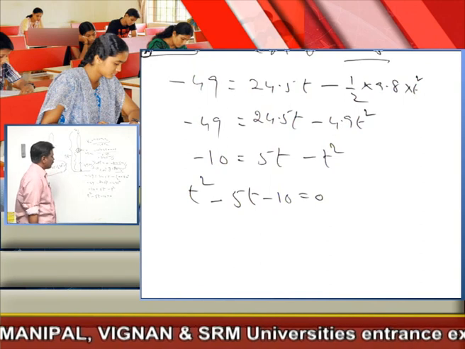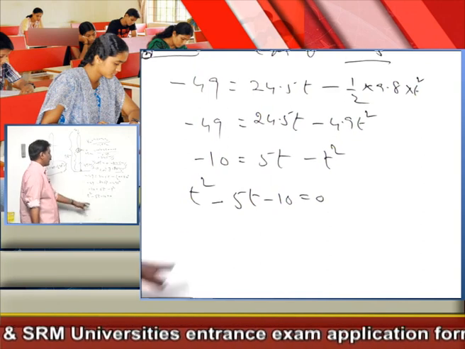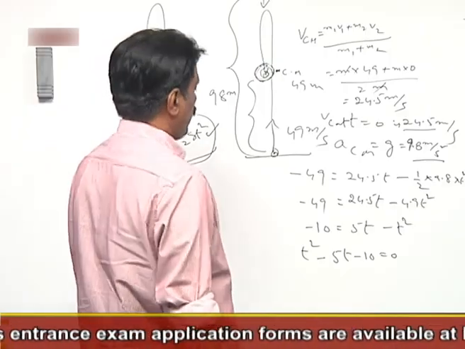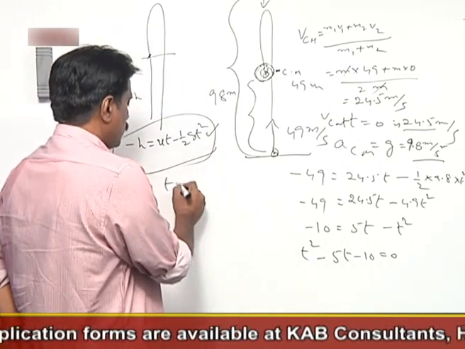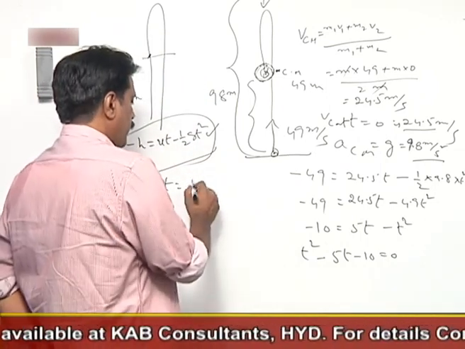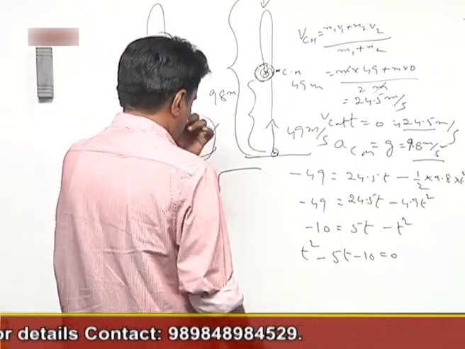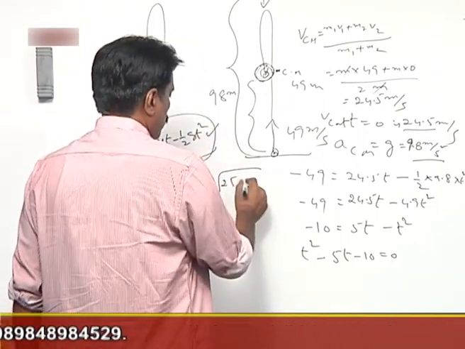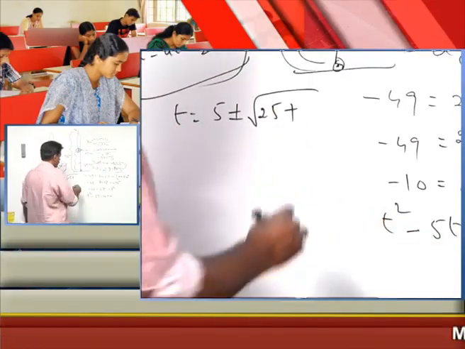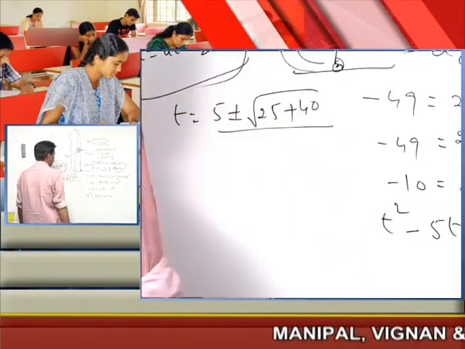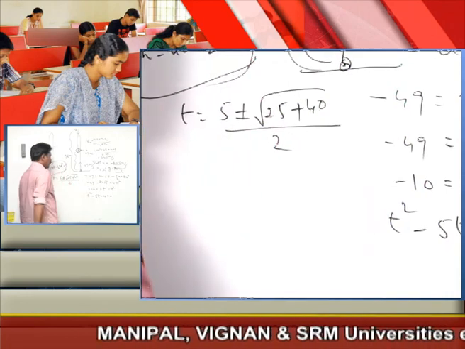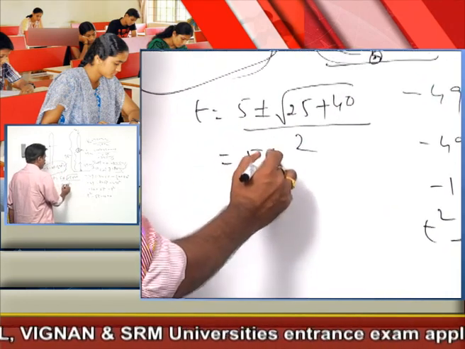From this quadratic equation, you can get the time of journey of the center of mass. This is t equal to minus b plus or minus root of b square, which is 25 plus 40, by 2. So this is equal to 5 plus only.